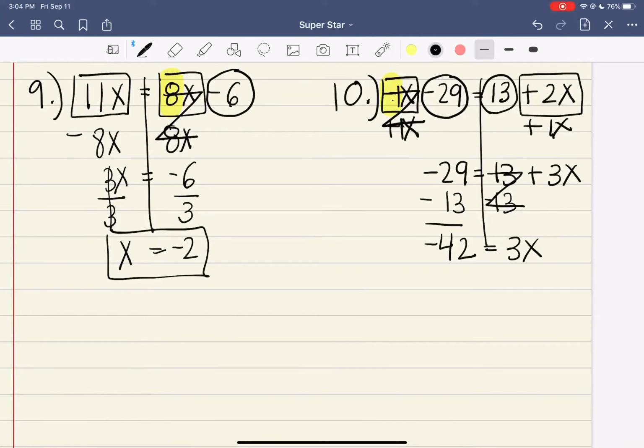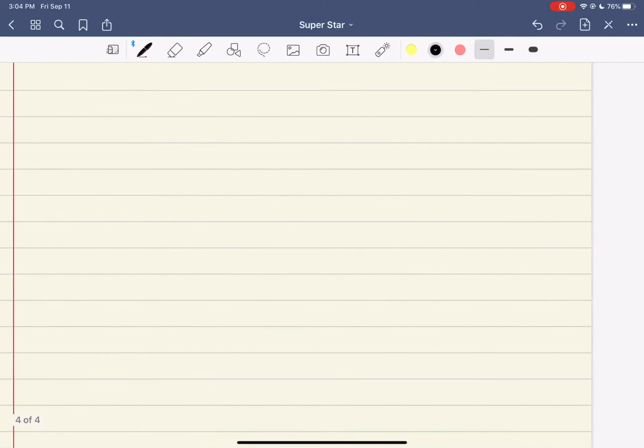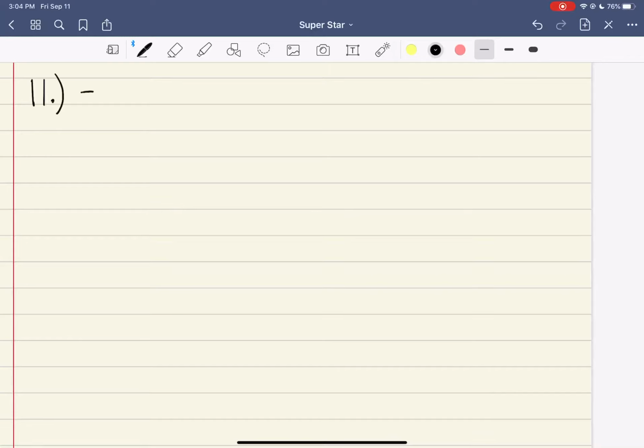All right, I have to add a page. We are on to number 11, which reads negative 18 plus 5x equals negative 12x minus 1.